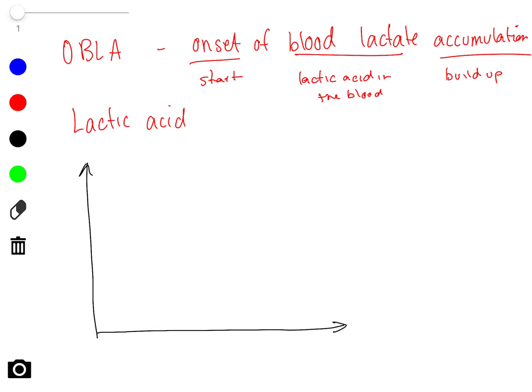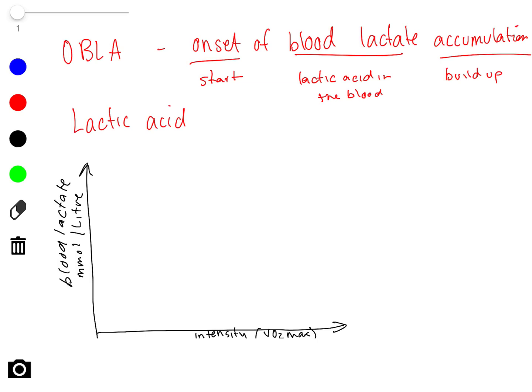We're going to be measuring our blood lactate, or our lactic acid in our blood, which we measure in millimoles per litre, and comparing that to intensity, which we are measuring as a percentage of our VO2 max.